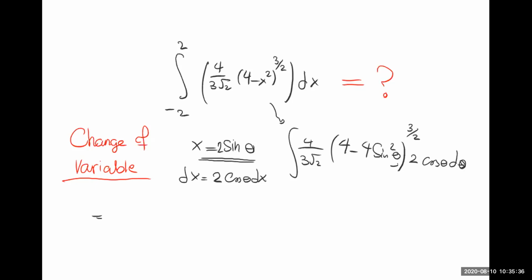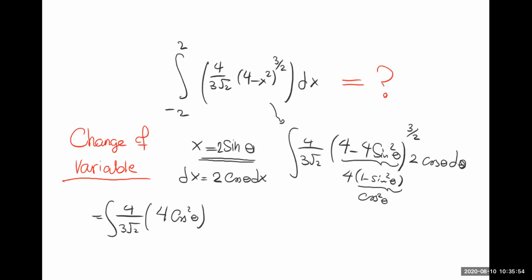And then 4 minus 4 sine squared is 4 times 1 minus sine squared. But 1 minus sine squared is cosine squared, right? So I would get 4 over 3 square root of 2, 4 cosine squared to the power 3 over 2, rather than over 2, I can just write radical, times 2 cosine of theta d theta.